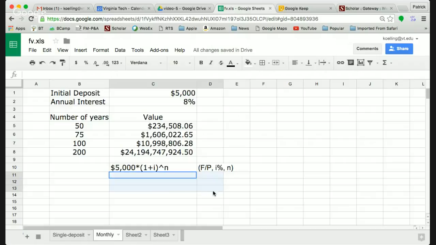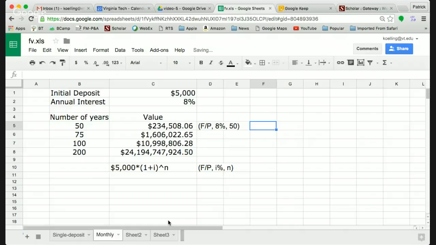Let's see how an Excel function would work there. I'm going to go ahead and set the font size a little larger. Let's look at a future value of this particular problem. Let's look at the 50-year problem. $5,000, 8%, 50 years. So we're looking at F given P, 8%, 50 years.